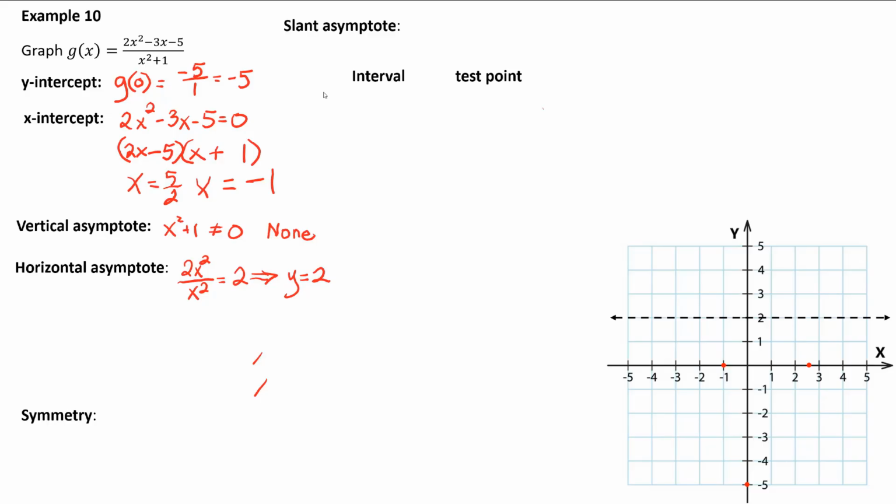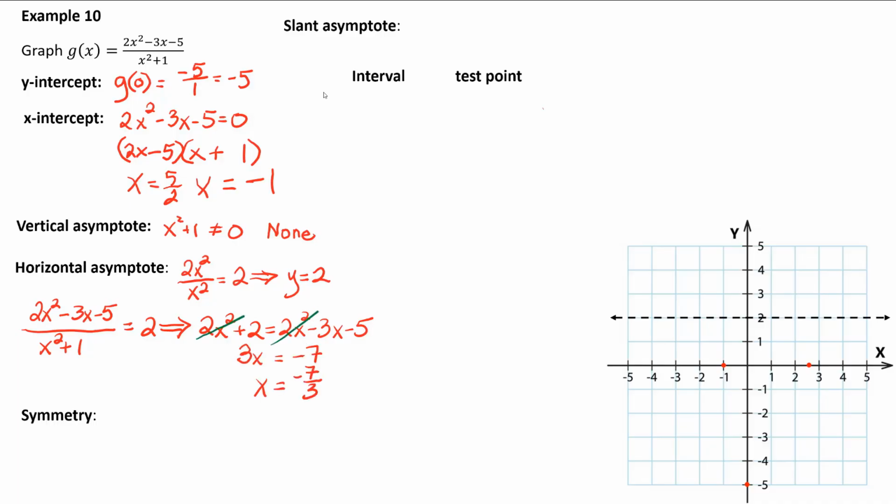So we're going to set the function equal to 2: 2x squared minus 3x minus 5 over x squared plus 1 equals 2. Multiply both sides by x squared plus 1 and solve for x. So it can equal 2 when x is negative 7/3. So at x equals negative 7/3, this function will hit that horizontal asymptote and it will go over it.